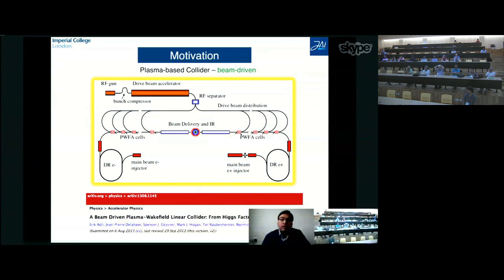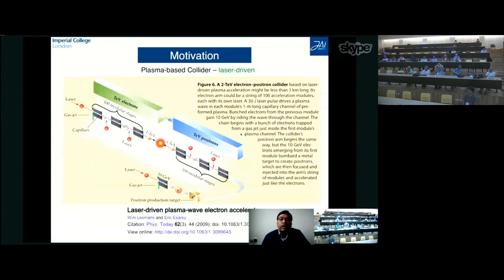A similar design for a plasma-based collider is also out there for laser-driven structures. Again, this is, for example, a 2 TeV center of mass energy design at the collision point. And I assume that even a 500 GeV collider would be a pretty good option for Higgs boson and SUSY studies. In this design, the right-hand side, which is the TeV positron side of the collider, is vastly unexplored.